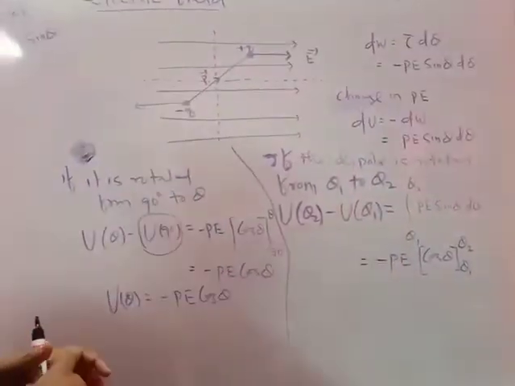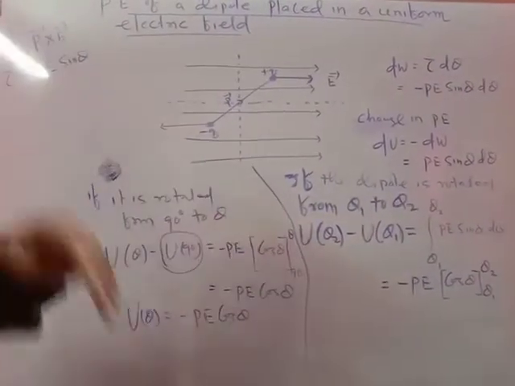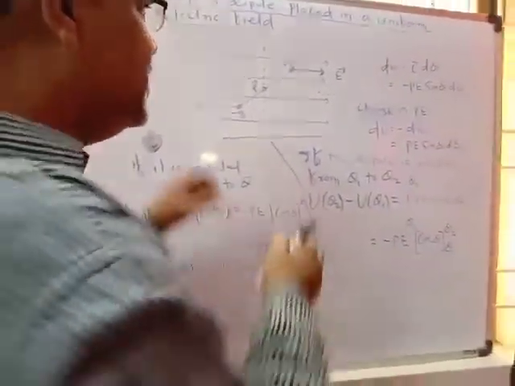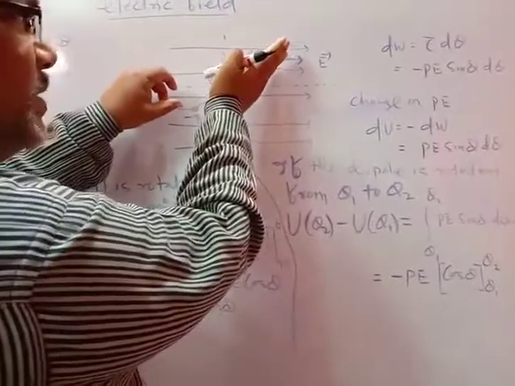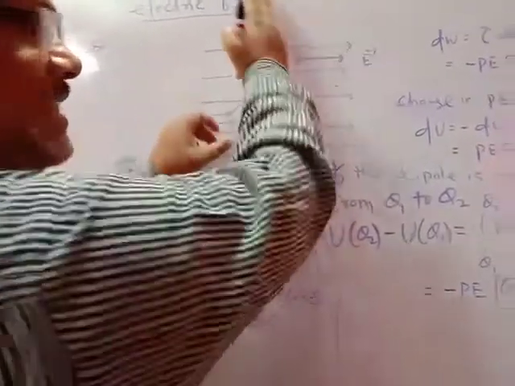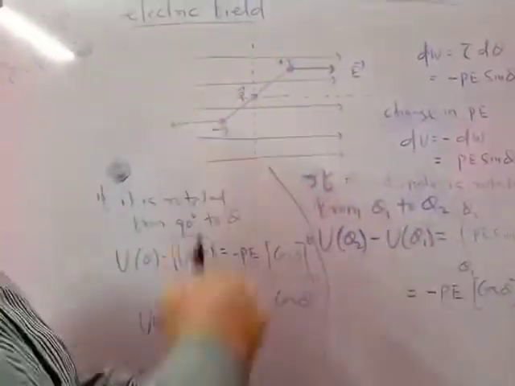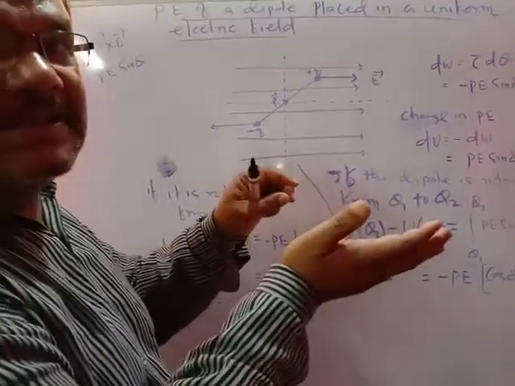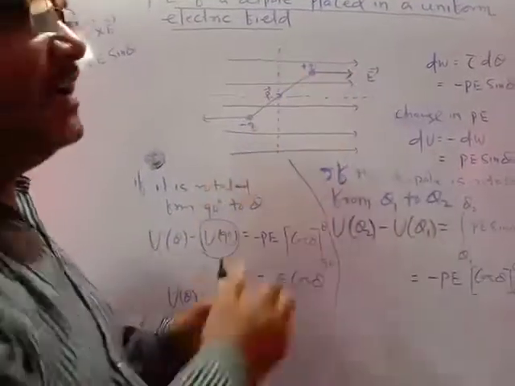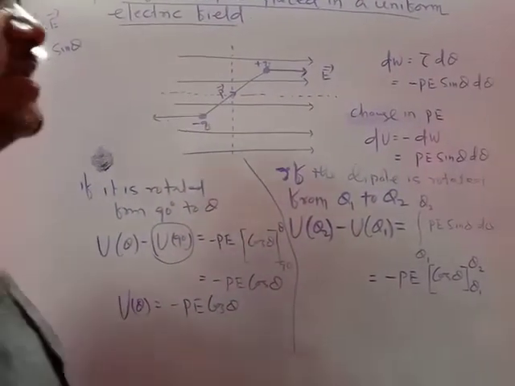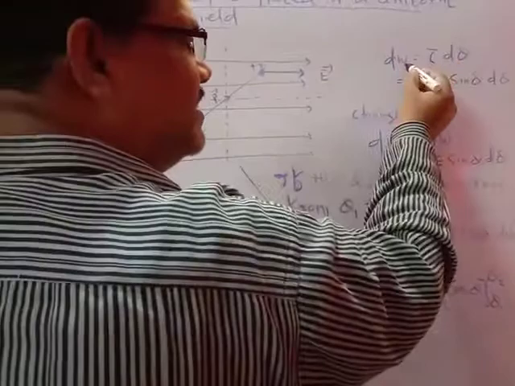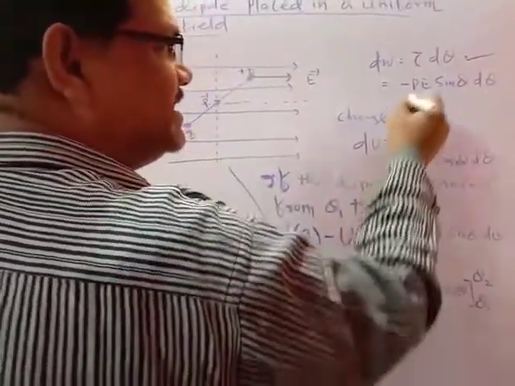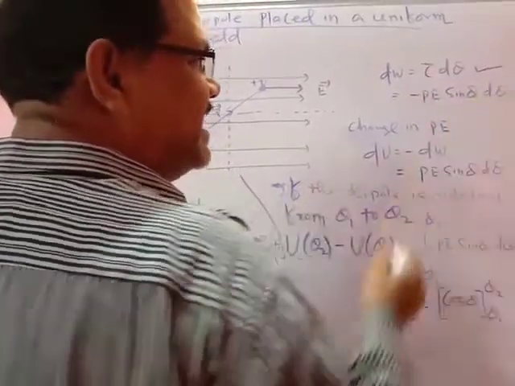Suppose we have to find the potential energy of the dipole. If the dipole is rotated through an angle d theta opposite to that of the torque, what will be the work done? dW is the work done, equal to tau into d theta, which is equal to minus PE sin theta d theta.